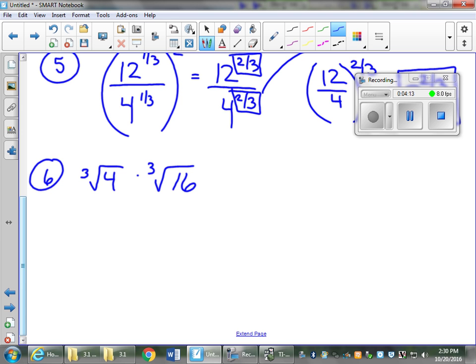So because the roots are the same, you can bring them under one radical. And 4 times 16 is 64. Now this just so happens that the cube root of 64 is a nice perfect value. If it wasn't, you could try breaking it apart again by finding a perfect cube that went into that number. But cube root of 64 is 4.